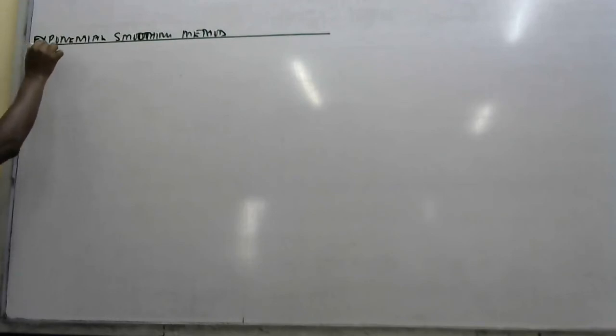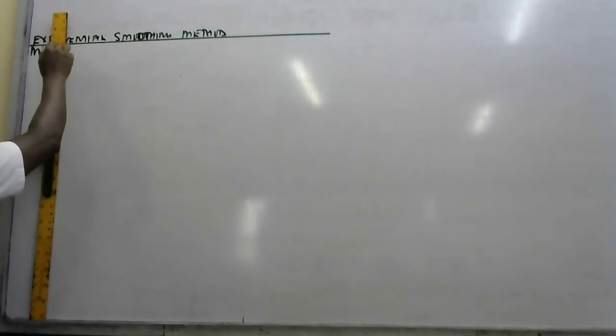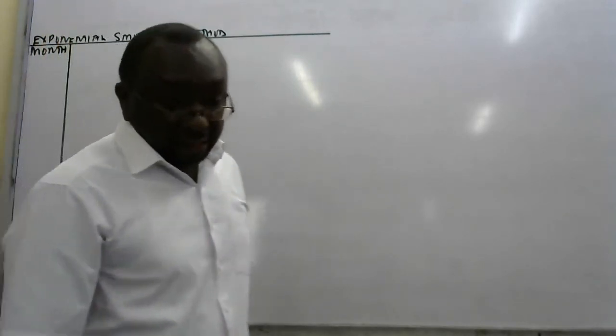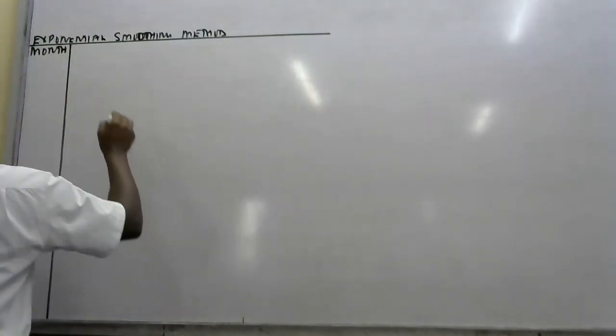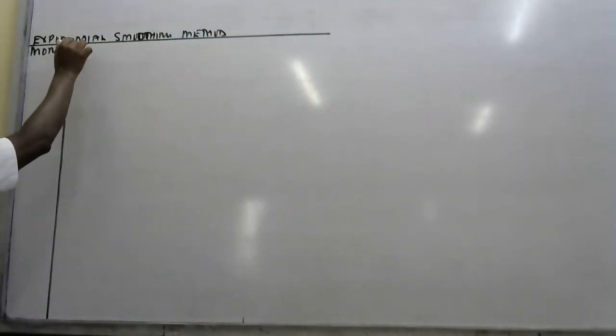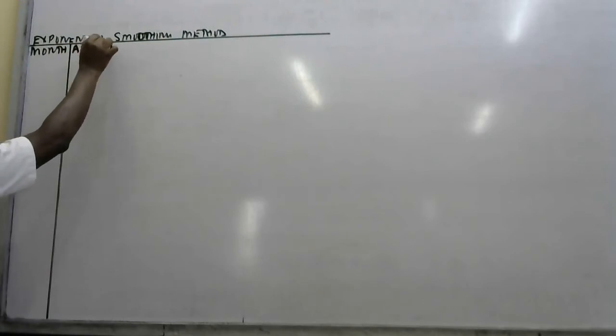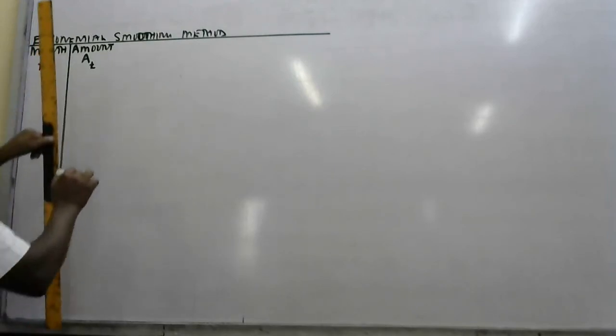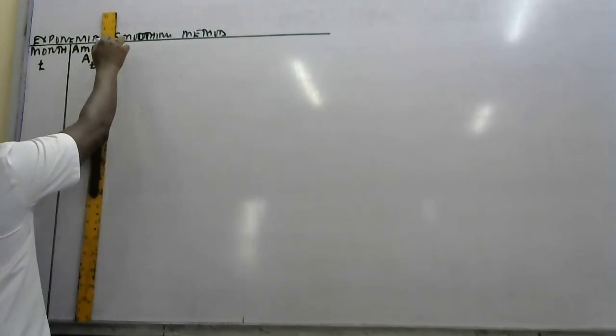So in this case, it is the month. Then we have the amount. This is our A_t. Remember, a month is our t, the time period.